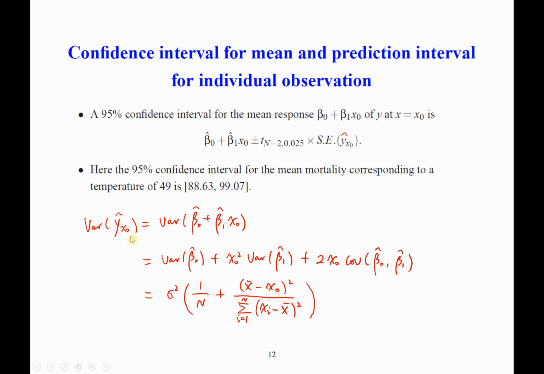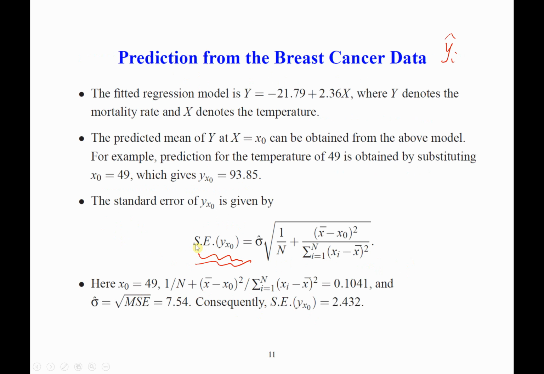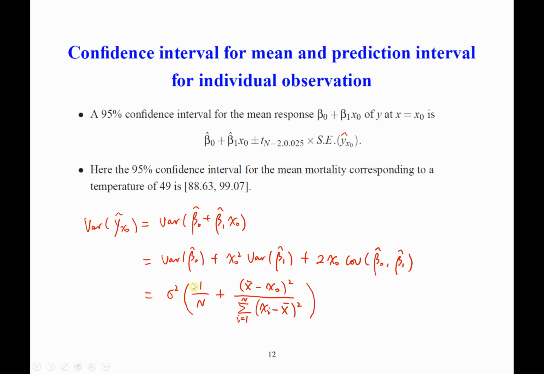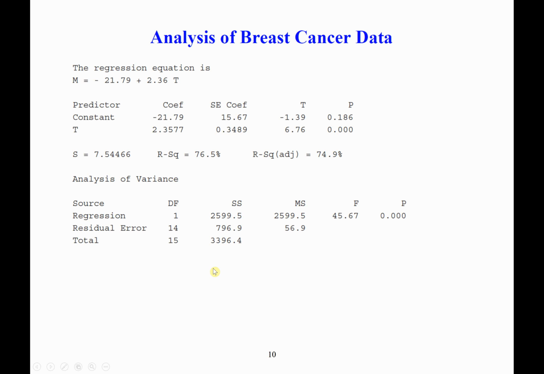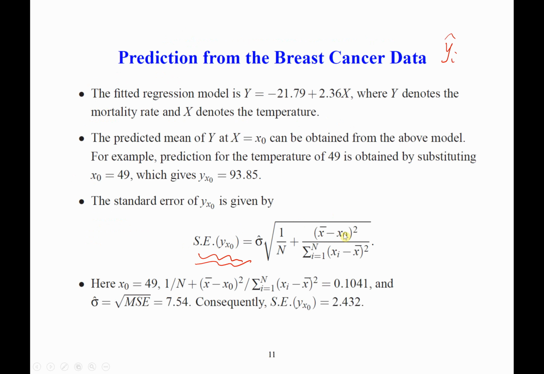So as we talked before, we need an envelope, right, a confidence interval around our prediction. So here we get the variance. What we need is a standard deviation, but here what we derived is the variance. We take the square root, and we will be able to get the standard deviation. Since we know x0 is 49, and we know all the xi's and x bar, and n equals 16, we will be able to solve for the standard error of our prediction.